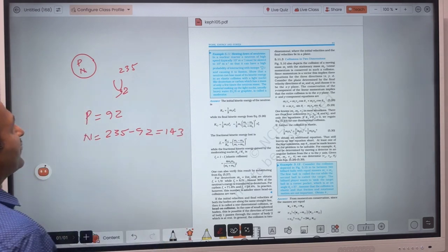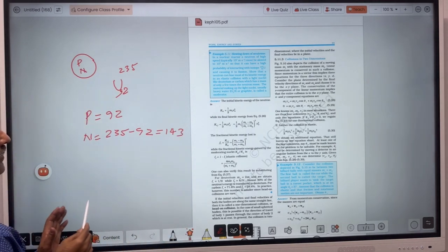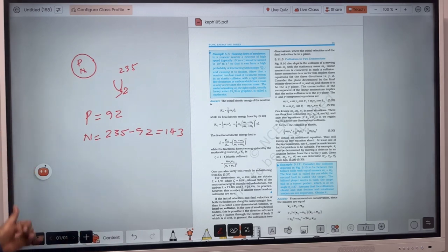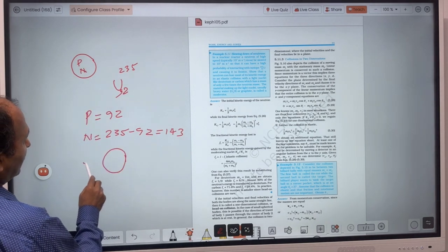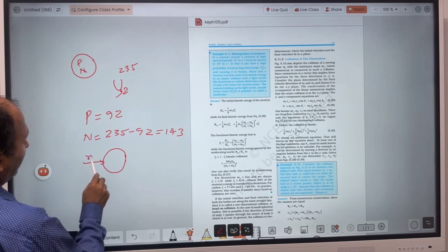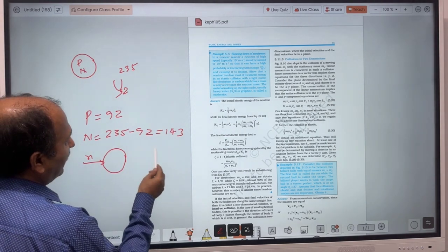Now what happens? Inside, the protons will repel each other, but there is a nuclear force which will dominate, and that is always of attractive nature. But there is always a delicate balance here. Suppose one neutron is entering the nucleus. There are two types of forces, as I told you.